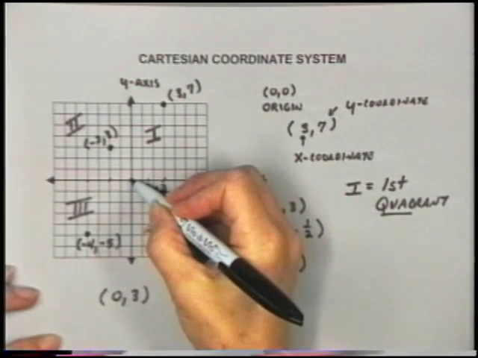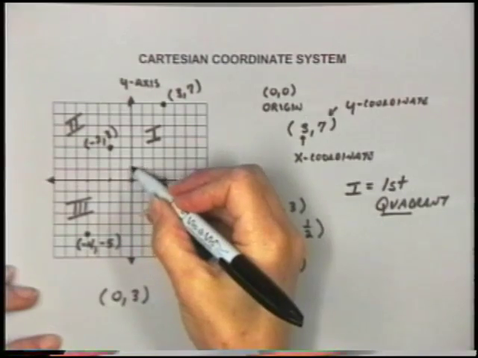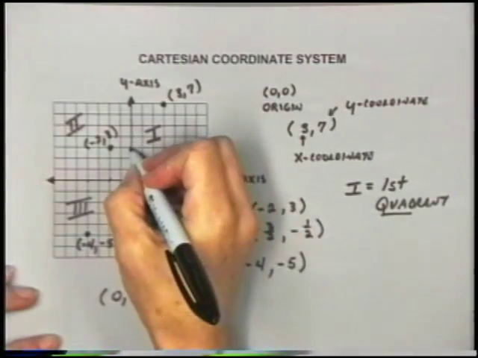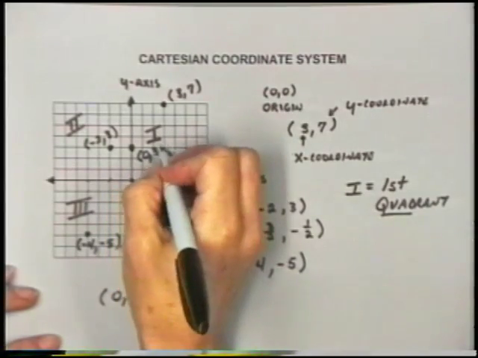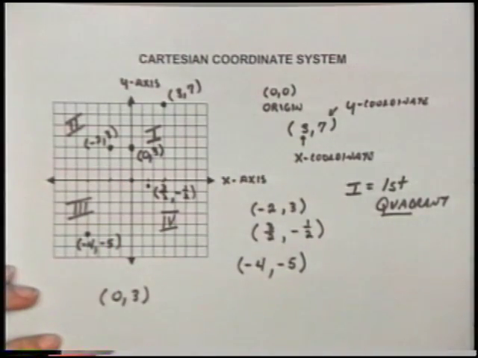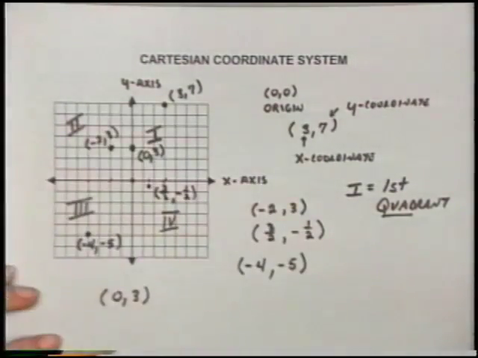Since the y-coordinate is a positive 3, we will move up 1, 2, 3. This point right here has coordinates 0, 3. That point is on the y-axis. So it is on the boundary, if you will, between quadrants 1 and 2, and it is not considered to be a part of either of those two quadrants.